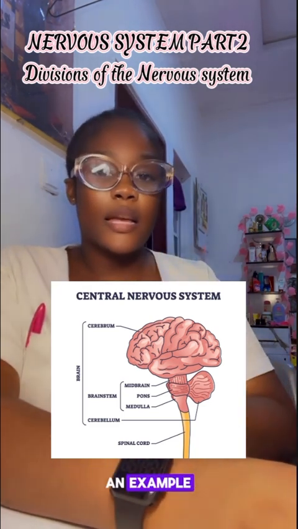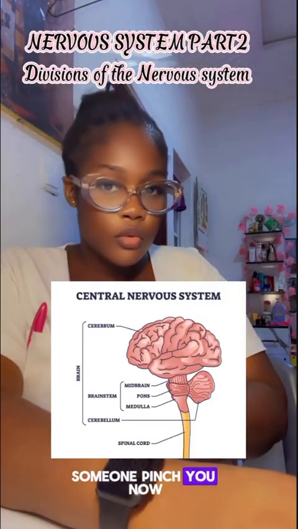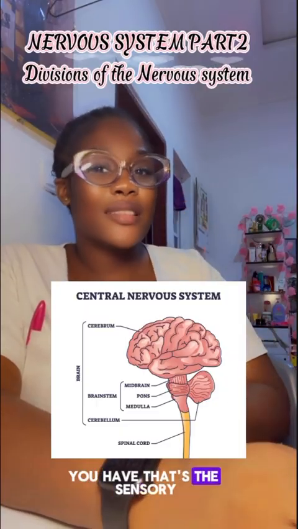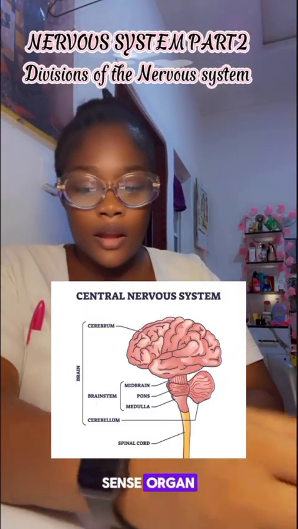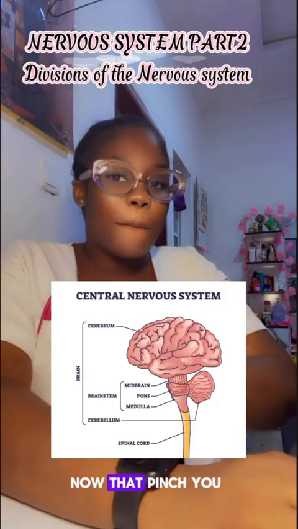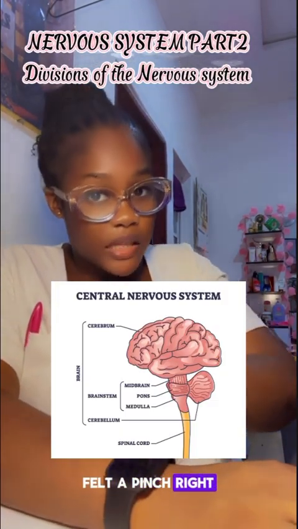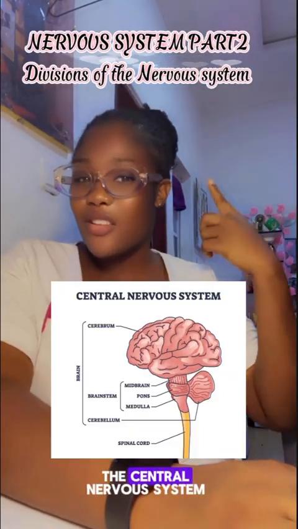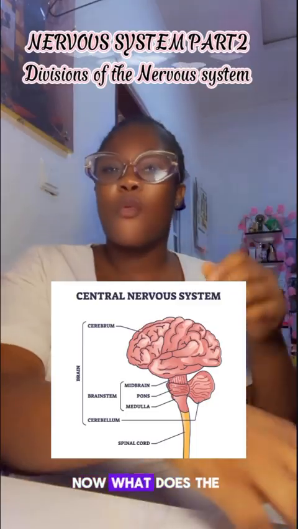Now let me cite an example. Someone pinches you. That pinch sends a signal. That's the sensory part. Remember, we have sense organs, what you feel, what you see. You felt a pinch, right? That pinch sends a signal to your brain. Your brain is part of the central nervous system. Now what does the brain do?